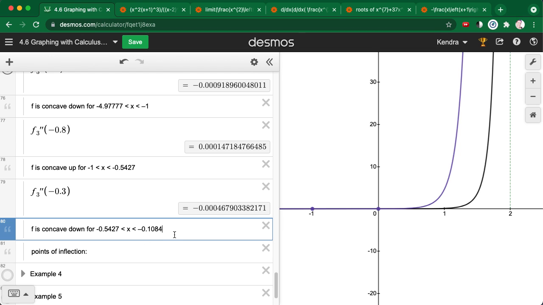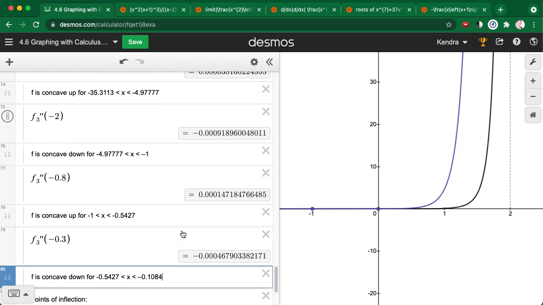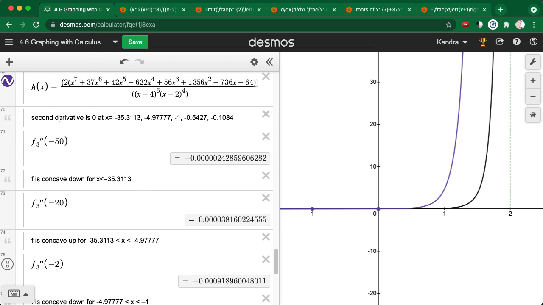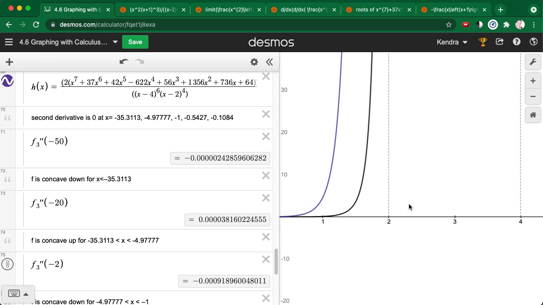Okay, and now I've got to remember it's not just where the second derivative is 0 that I need to pay attention to. Those two excluded parts of the domain can also offer a sign change.